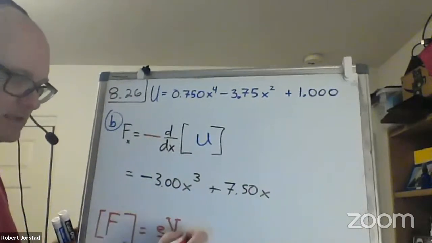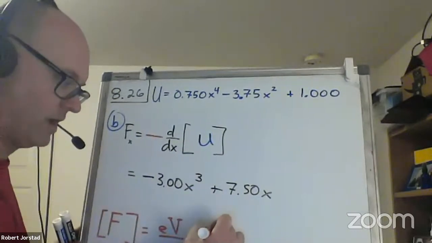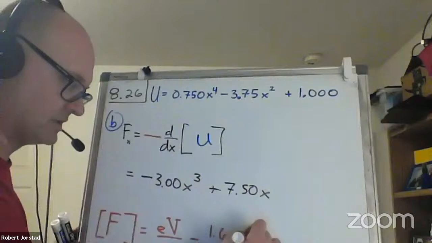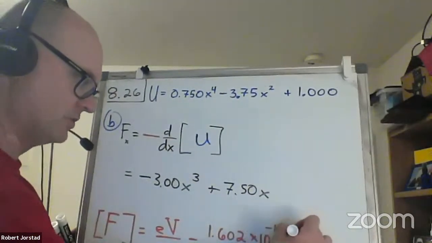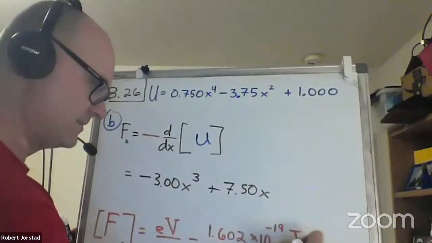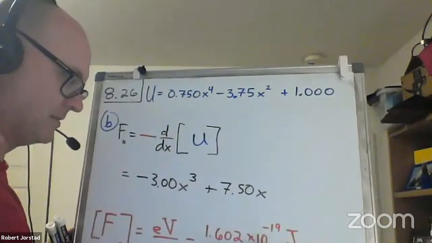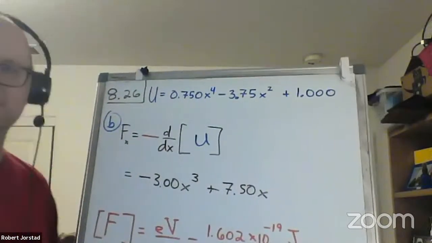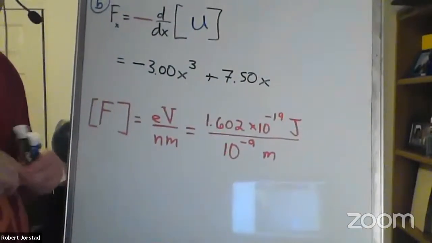Well, let's work this out. 1 eV is 1.602 times 10 to the minus 19th joules, all over 10 to the minus 9th meters. Sorry about that. Let's do that again.